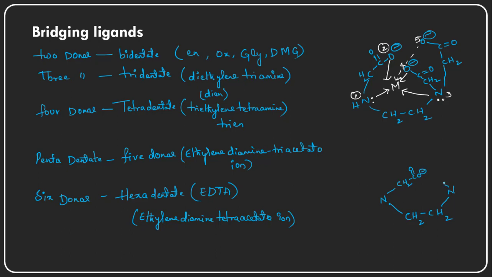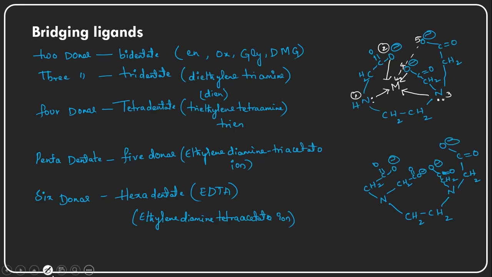Okay, and this nitrogen is also having CH2, C double bond O, O minus, and CH2, C double bond O, O minus, and CH2, C double bond O, O minus, right?